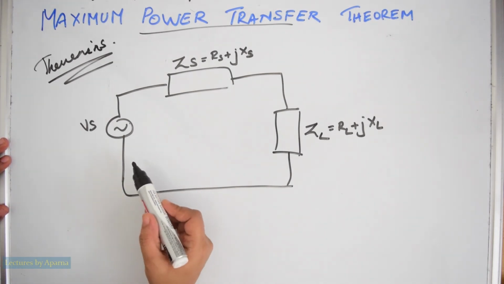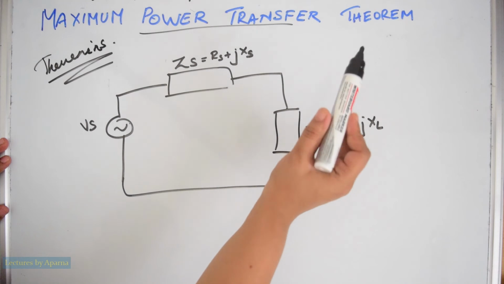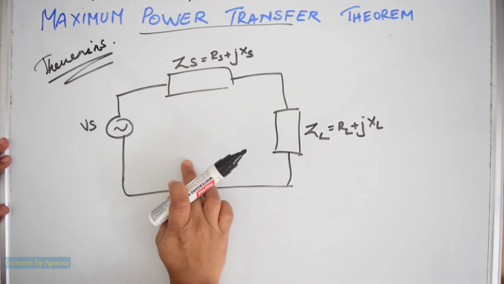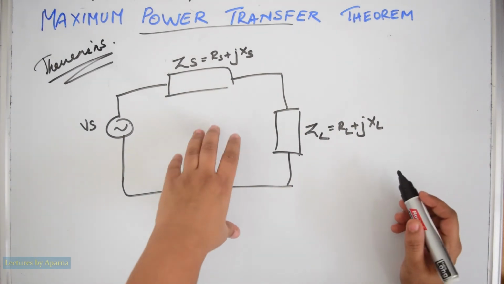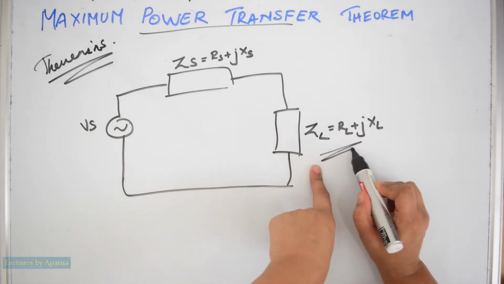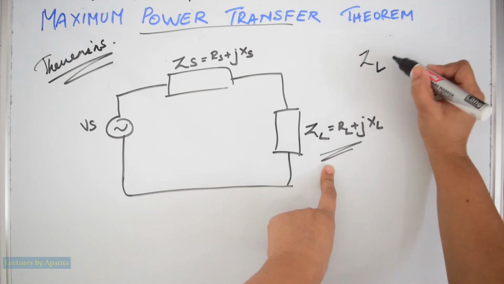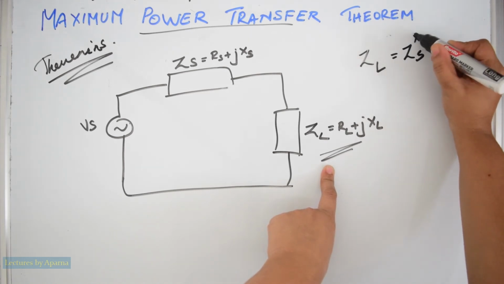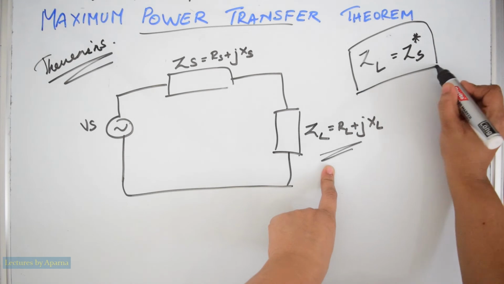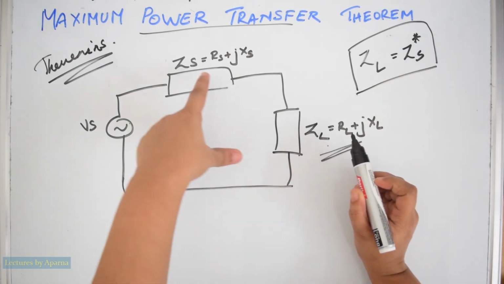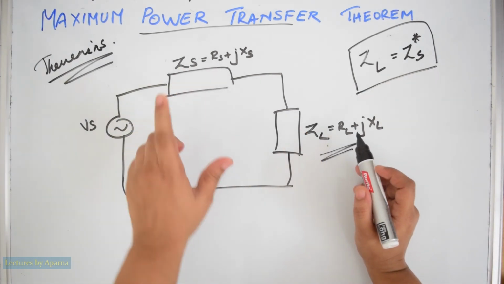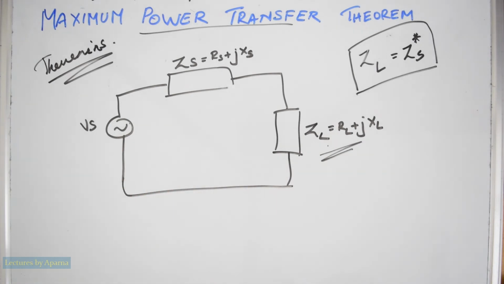Now, the maximum power transfer theorem in an AC circuit says that this circuit will deliver maximum power to the load impedance when ZL is the conjugate of Zs.